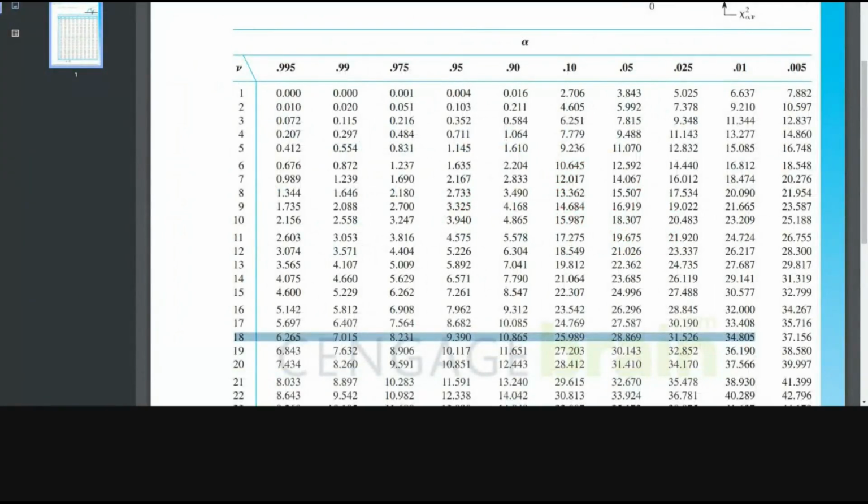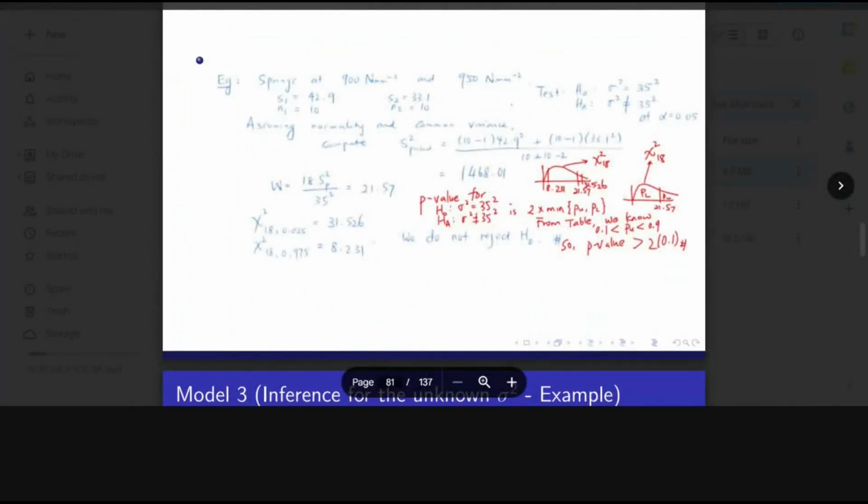So you can see that 21.57 is sandwiched between these two numbers. This just means that the area to the right side is something between 0.1 and 0.9. All right? So that's how I know the area to the right side of 21.57 is something between 0.1 and 0.9.